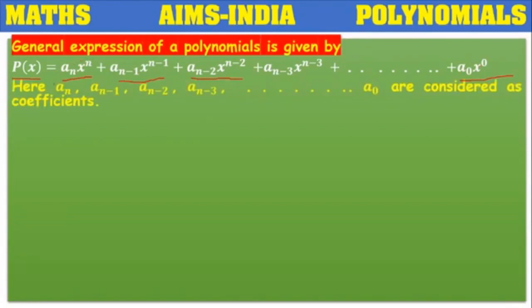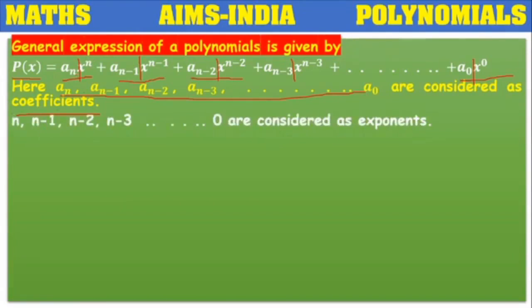If you observe, in all these terms, a_n, a_(n-1), a_(n-2), a_(n-3), a_0, these are all considered as coefficients for the variables in each term, or we can call them the numerical parts for the existing variable parts. So these are all considered as the coefficients.